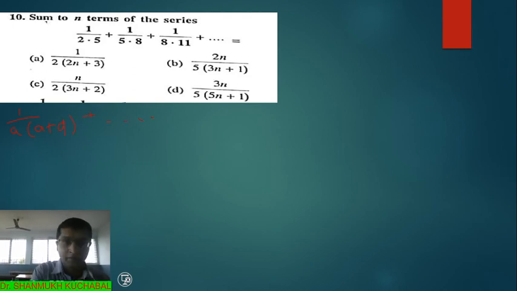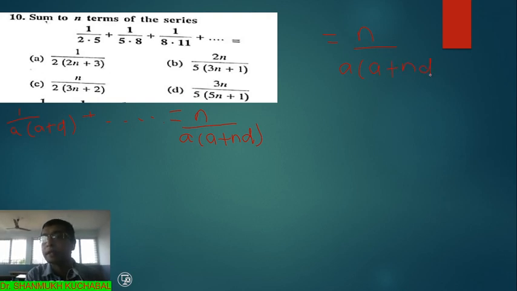Its solution is given by n divided by a into a plus nd. So we'll use the same formula: n divided by a into a plus nd.